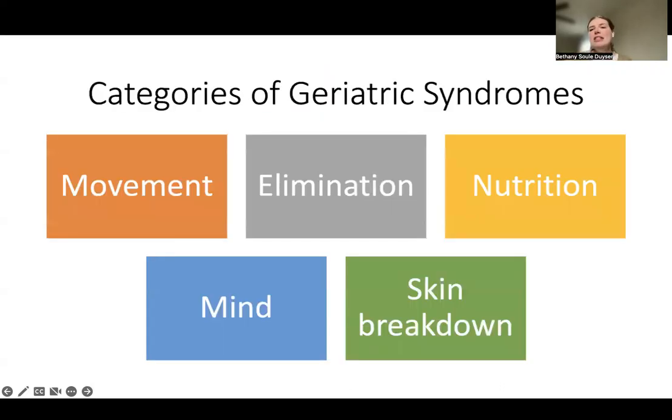This slide is just to summarize and categorize those different geriatric syndromes, because once you put it into the perspective of these different categories, you can start to appreciate the overlapping work of physicians, nurses, and direct care workers when it comes to addressing the geriatric syndromes. We all share responsibility in supporting people who are experiencing geriatric syndromes, but we may do very different tasks.